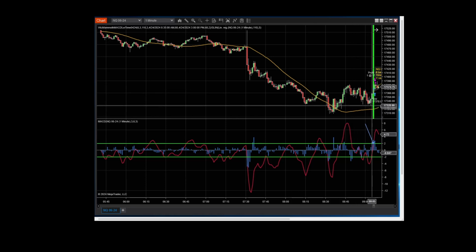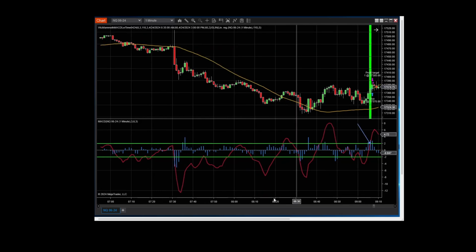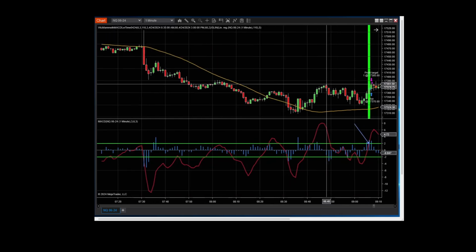The time is 9:05 Central Time, but based on MACD and the linear regression, this trend is going to take off from this point on. But yeah, that's true, because you look at this area. If the next bar closes above this bar, okay, then the uptrend could be confirmed.